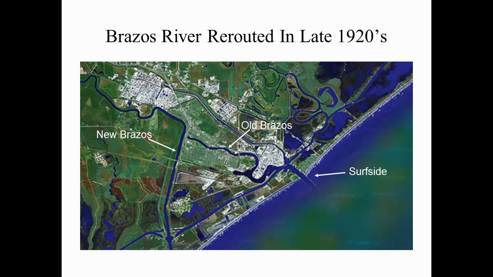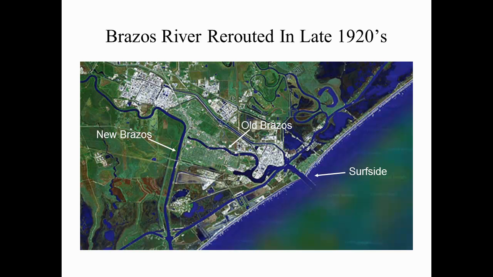Now, further towards the west, at Surfside, Surfside Beach is undergoing serious erosion. And the main reason for that is that the Brazos River was rerouted back in the late 1920s.